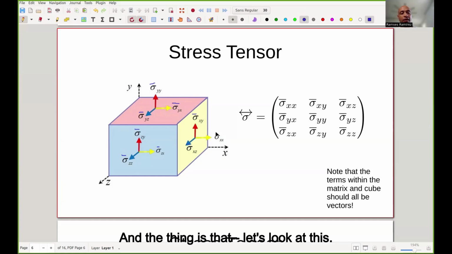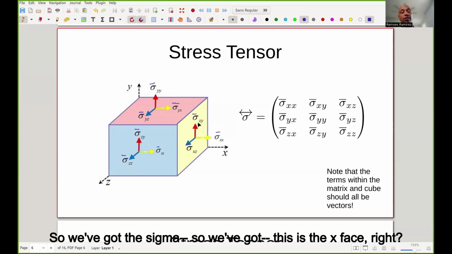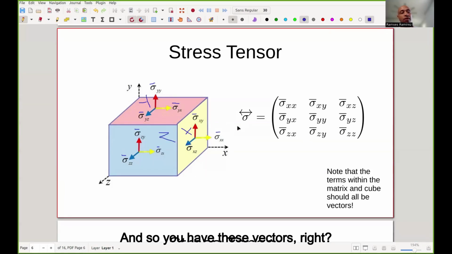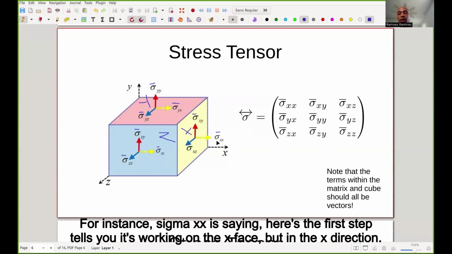Let's look at this. This is the X face, this is the Y face, and this is the Z face. You have these vectors, for instance, sigma XX.